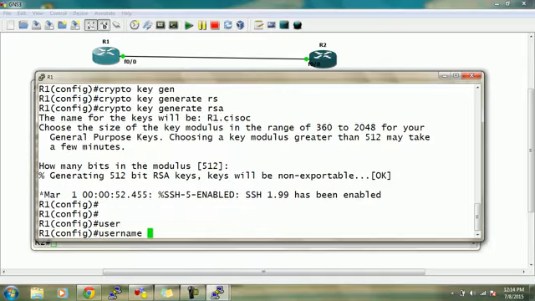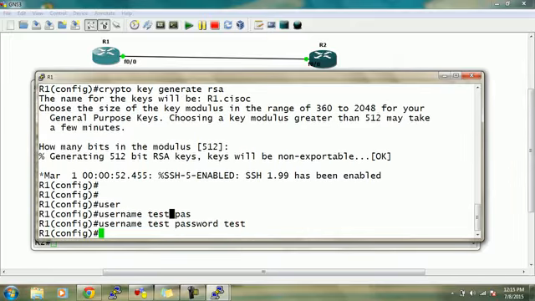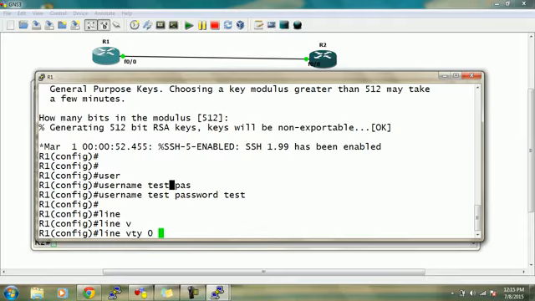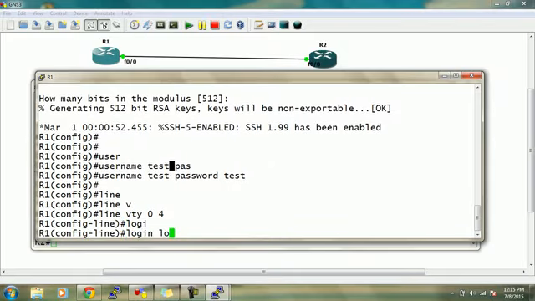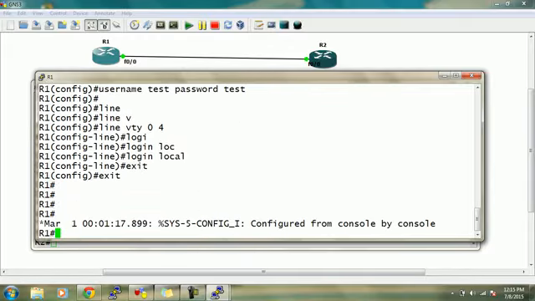Third, enable crypto key generate. Username, password. Next, line vty 0 2, login local. SSH is enabled. Any issue?